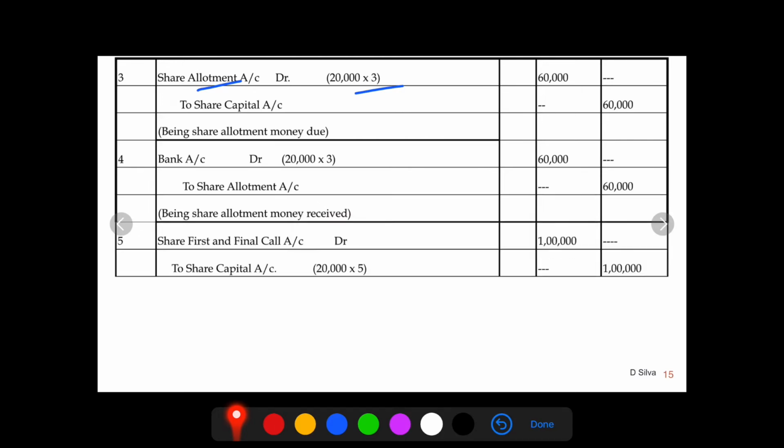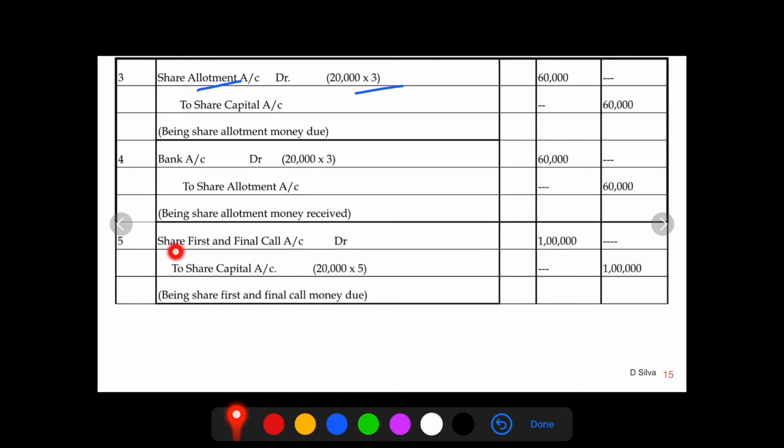Now, on first and final call, share first and final call account debit to share capital account being share first and final call money due. That means we haven't received the money for 20,000 shares which are being issued for rupees 5 on first and final call. Amount which is being debited and credited is 1 lakh.